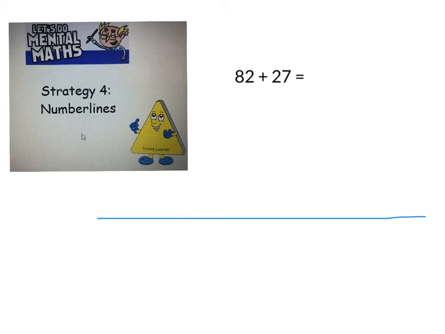So if I write 82 at the beginning of my number line, what I need to do next is I'm going to add, but I'm going to step count. So I'm going to count on, first of all, in the tens. So I've got my starting number is 82, and I'm going to count on, or jump, 2 tens. So 82, if I added on 1 10, I would now be at 92. I need to add on another 10, so I'm going to go again.